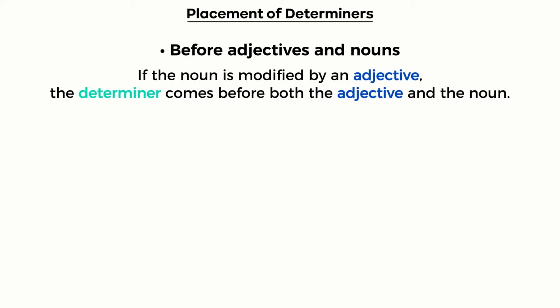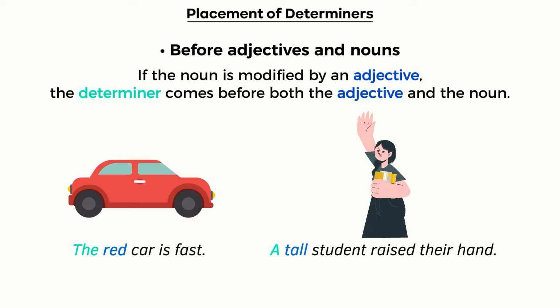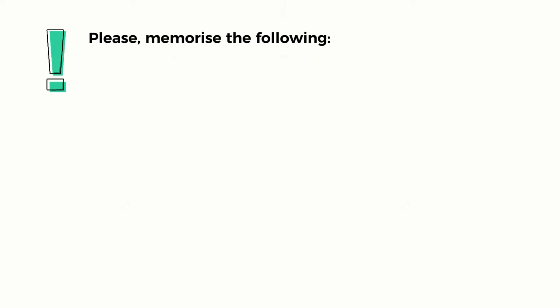Before adjectives and nouns. If the noun is modified by an adjective, the determiner comes before both the adjective and the noun. The red car is fast. A tall student raised their hand. Please memorize the following.